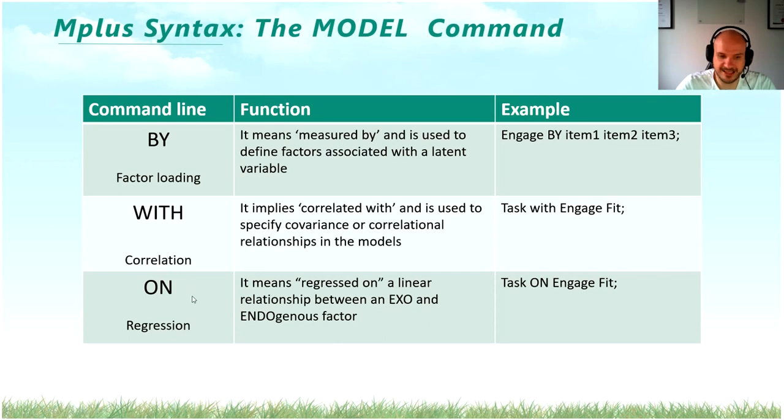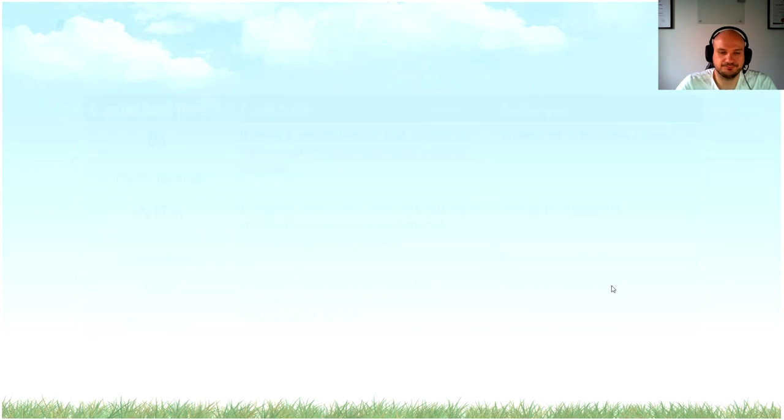The ON statement is important for your regression model, so for your structural model. And this basically reads something like task performance is regressed on engagement and fit. In other words, your outcome factor is regressed on your two independent factors. Okay, pretty straightforward. We'll give you some examples in a minute, don't worry.